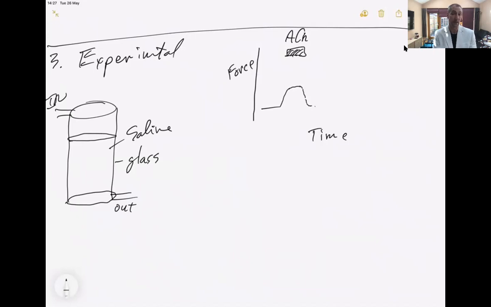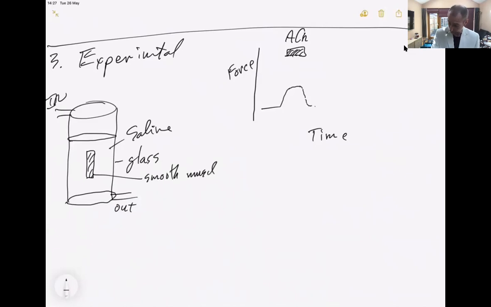You would know what saline should be in terms of sodium concentration, chloride concentration, potassium concentration, bicarbonate, all of that. So we'll have saline. Then we take a strip of muscle and it'll be in here. So this will be smooth muscle.